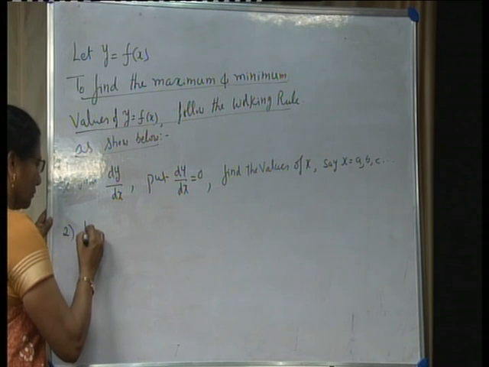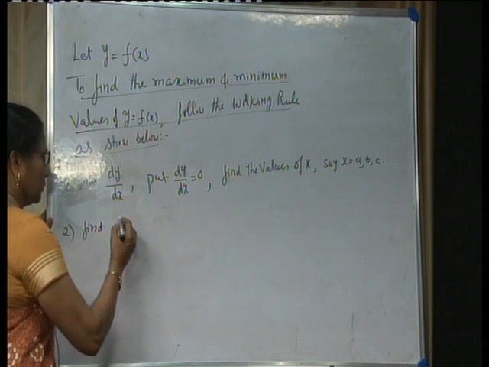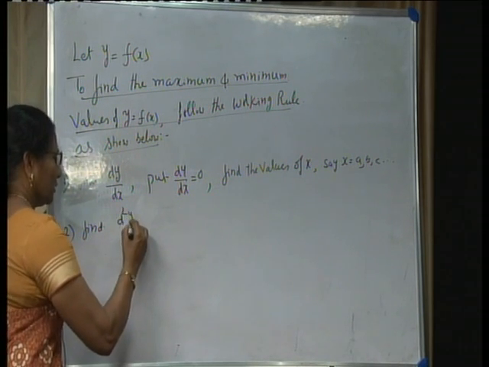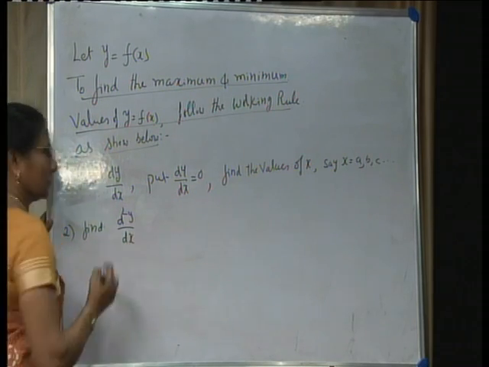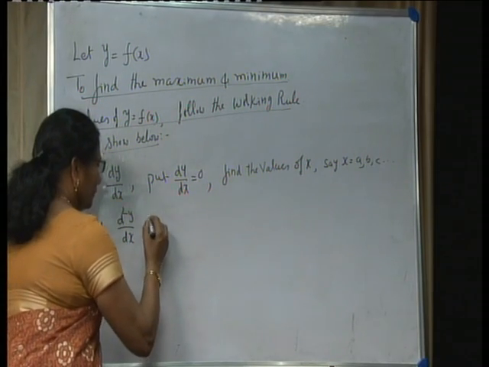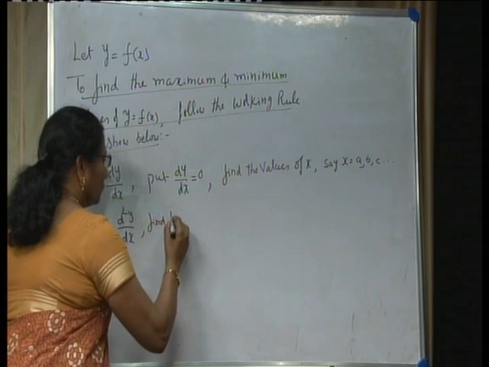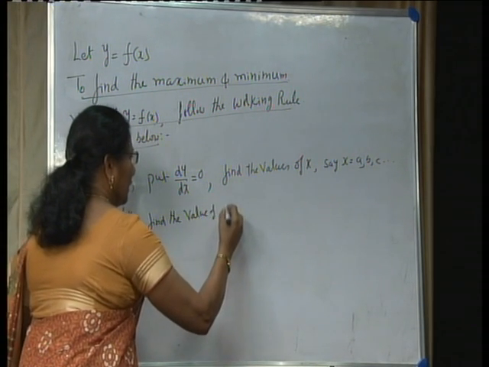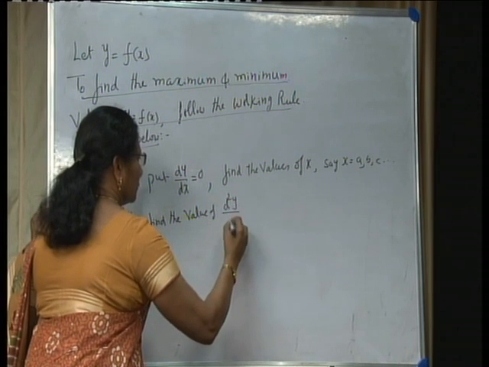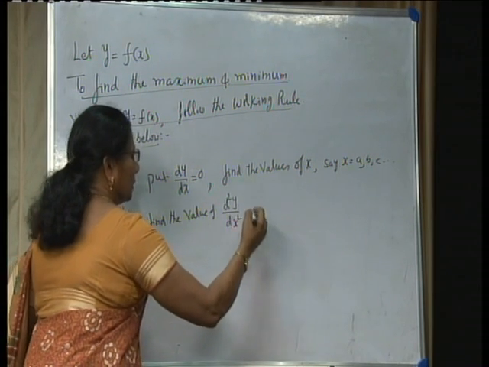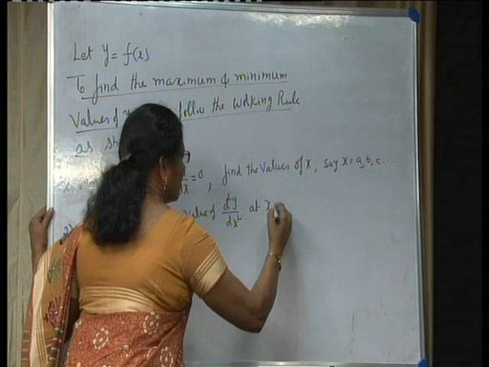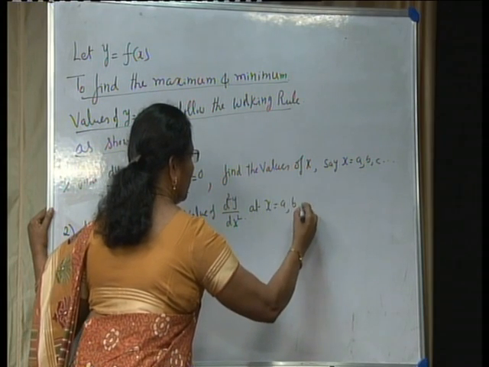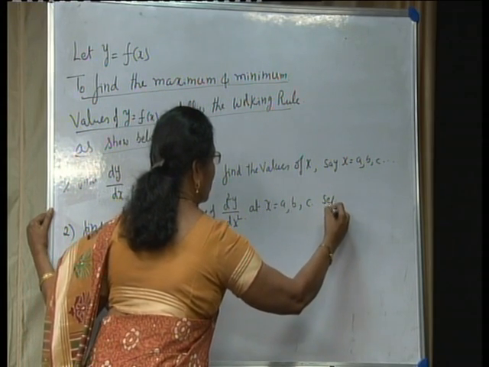Second step, find the second derivative of y with respect to x. Find the value of the second derivative at x is equal to a or b or c separately.